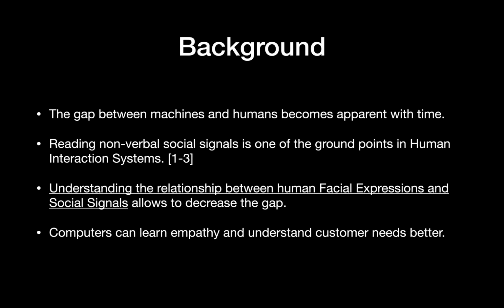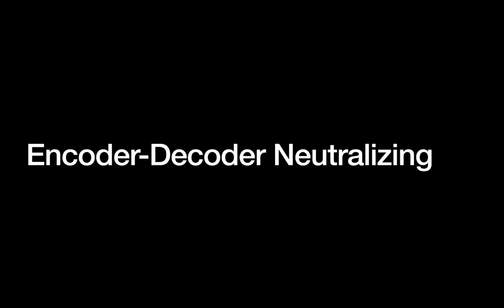Understanding the relationship between these signals and facial expressions allows us to decrease the gap. As a consequence, computers can learn empathy and understand customer needs better and provide customers a better service.